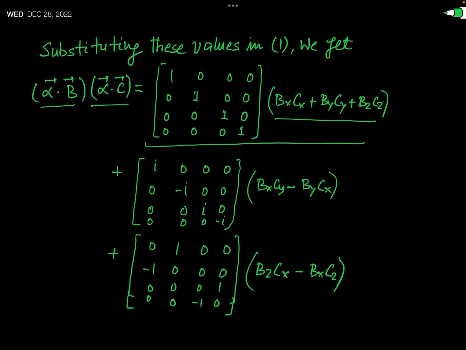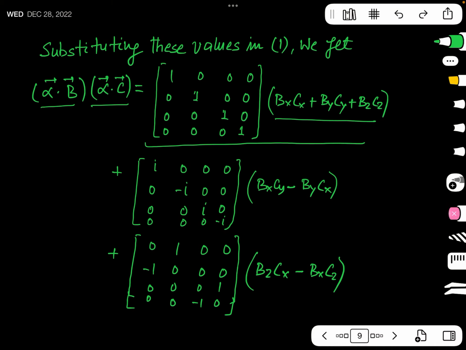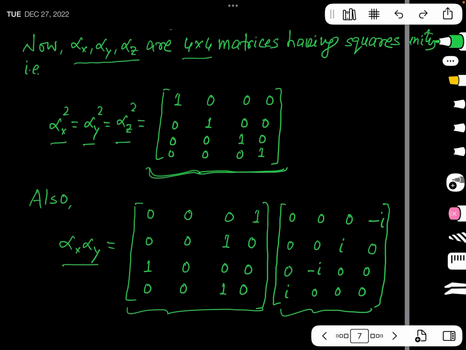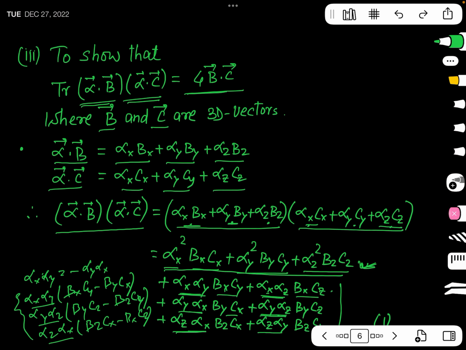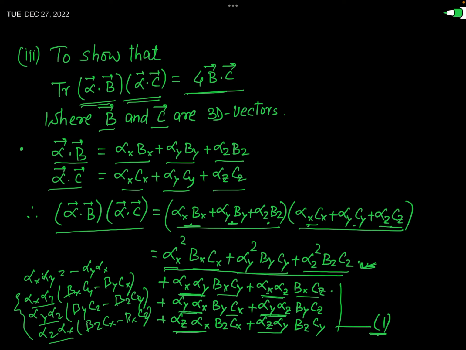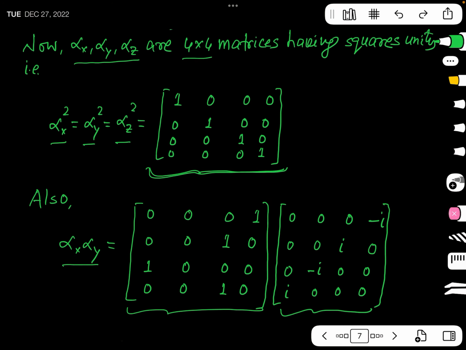Plus, the second term in that equation: alpha x alpha y will be a common factor, and bx cy minus by cx will remain as a multiplicative factor.